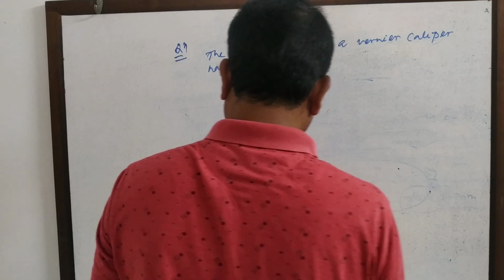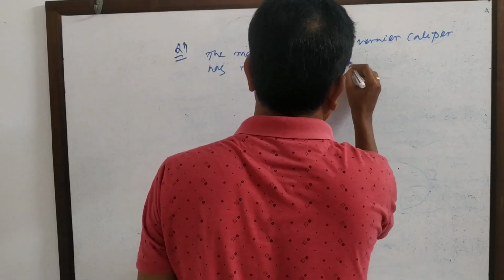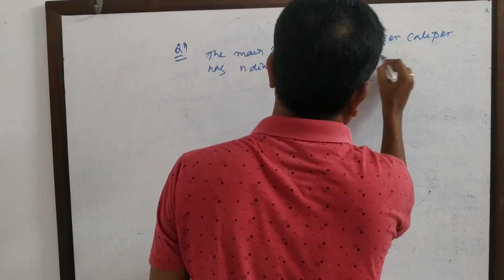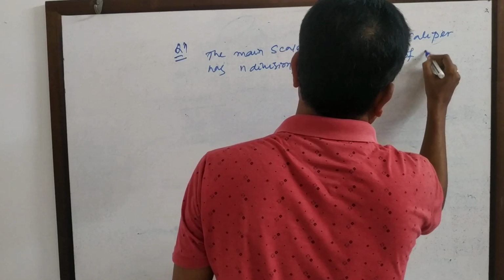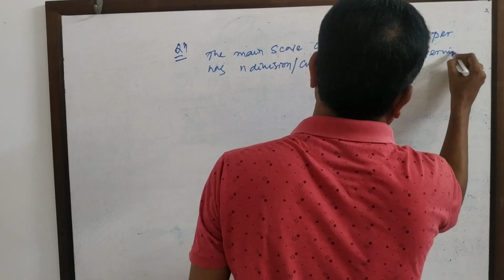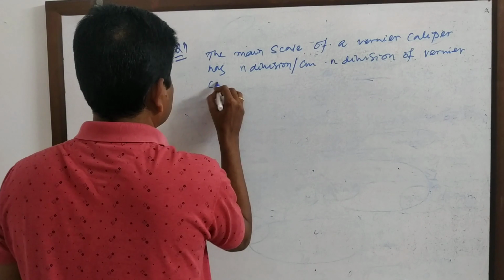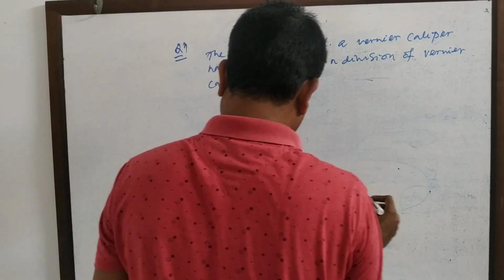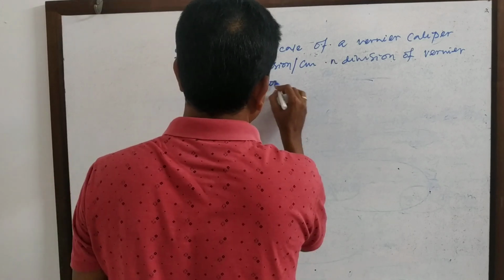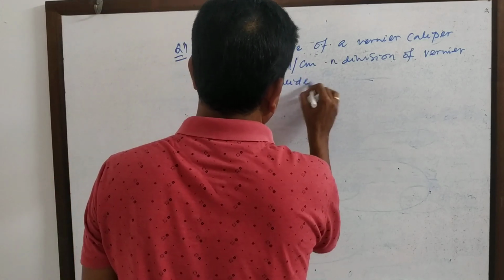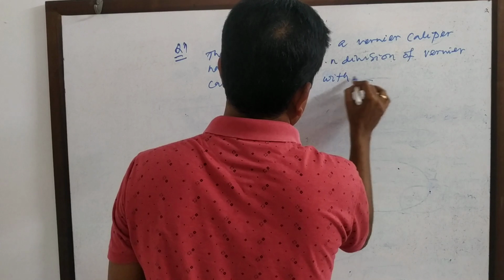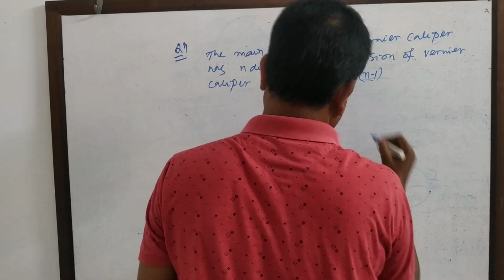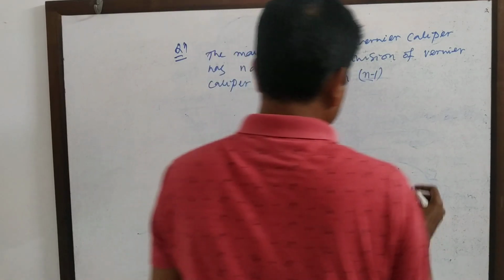N divisions of the vernier caliper coincide with n-1 divisions of the main scale.